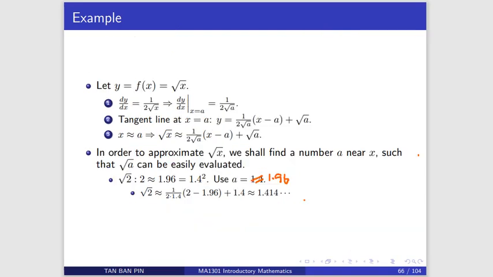So for f x equals square root x, dy dx is 1 over 2 square root x. So f prime a will be 1 over 2 square root a.